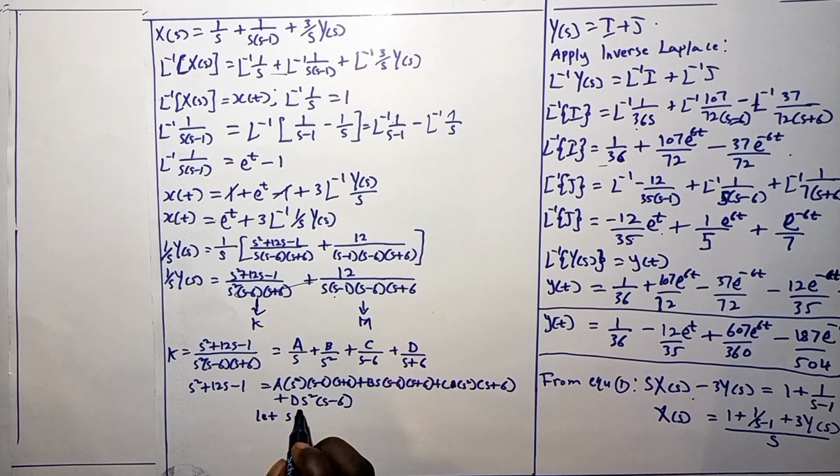So now the same thing, you are going to let s equal 6. When you get s equals 6, a will be eliminated, b will be eliminated, d will be eliminated, so we'll be left with just c. So now this part will give us 107.